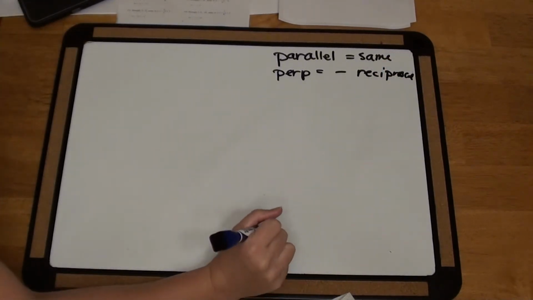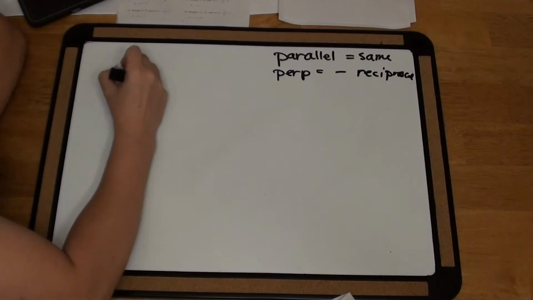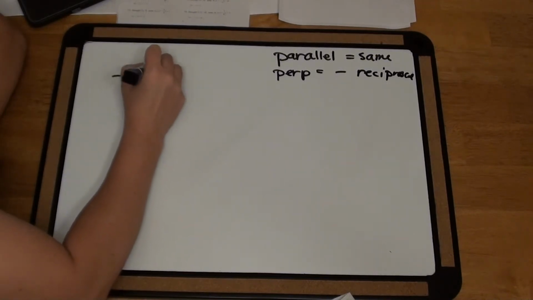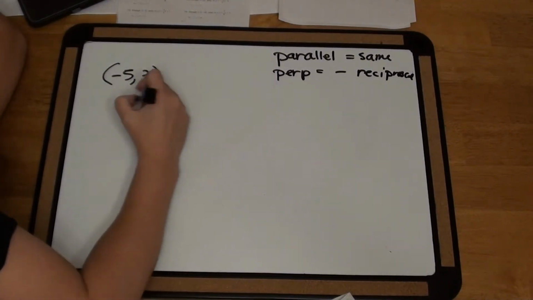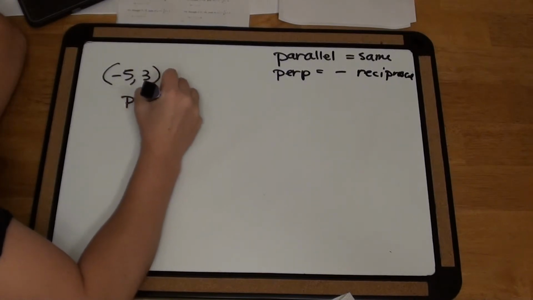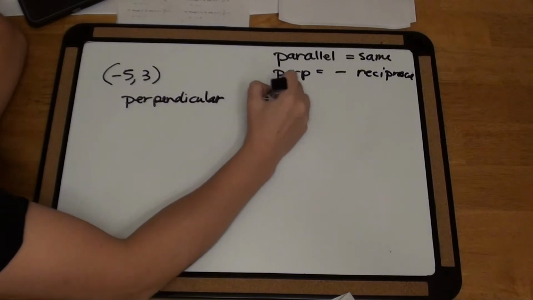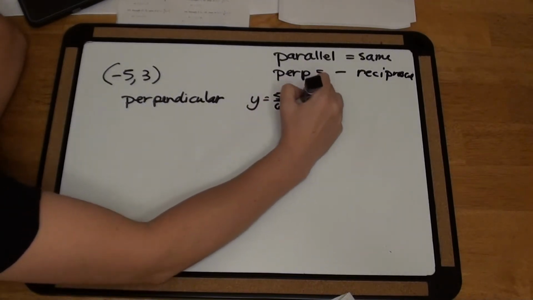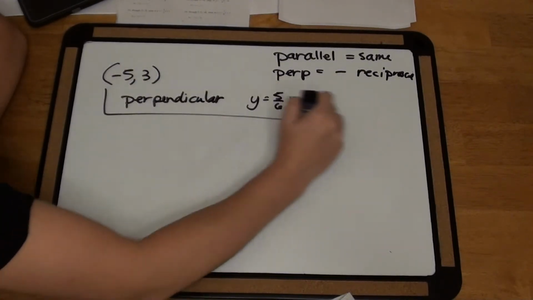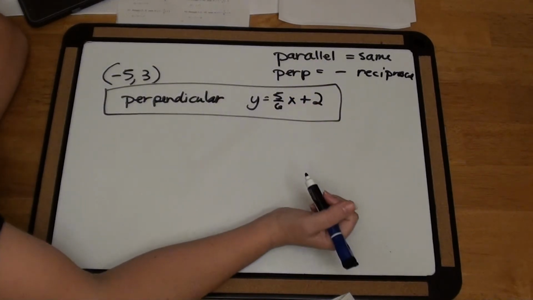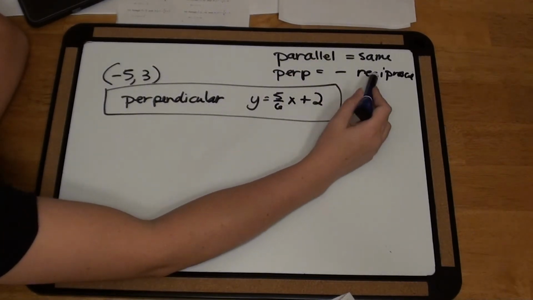Okay? So when we have something like this, we're going through (-5, 3), and it's going to be perpendicular to y equals 5/6 x plus 2. What this means right here is we've got to use this equation to get the slope. And the perpendicular one is a negative reciprocal.